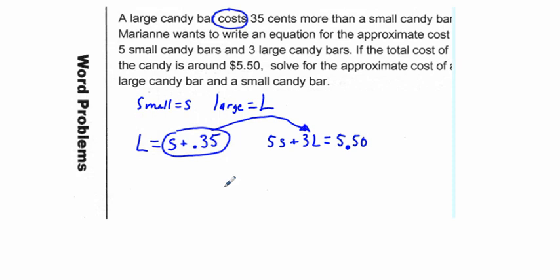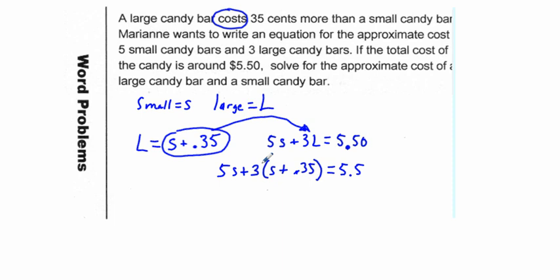So let's do that. We have 5S plus 3 times S plus 0.35. And we bring down what we have on the right, 5.5.